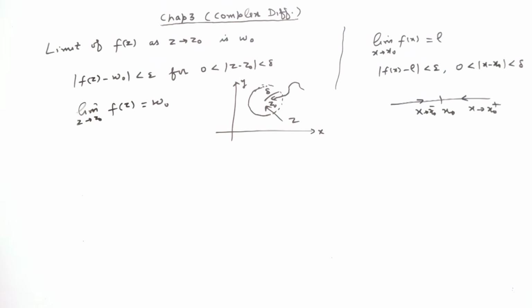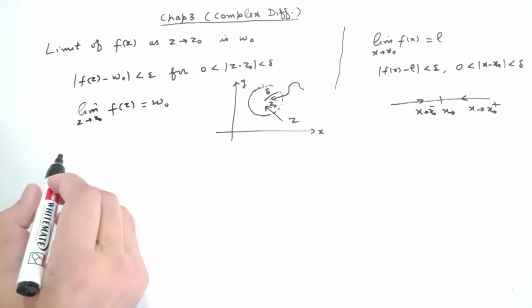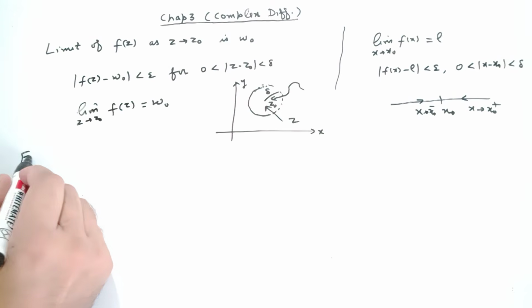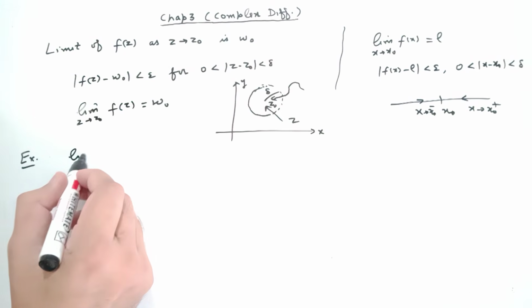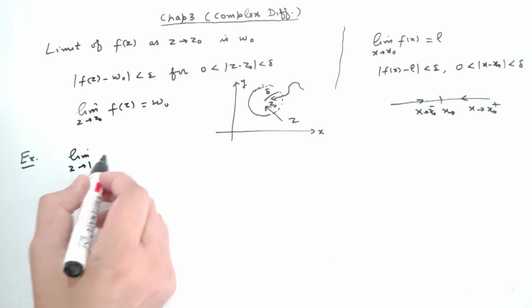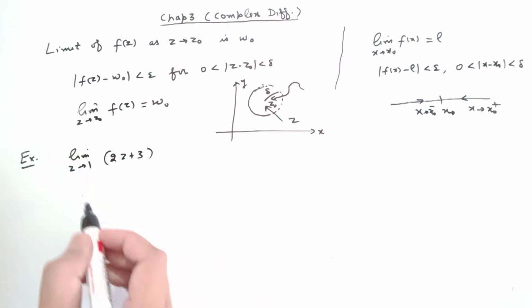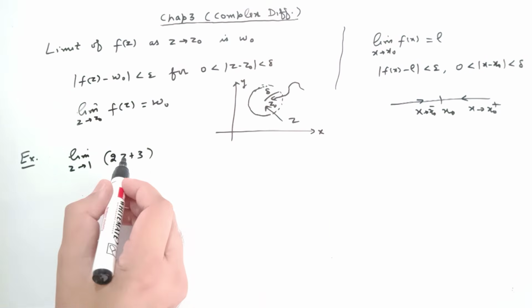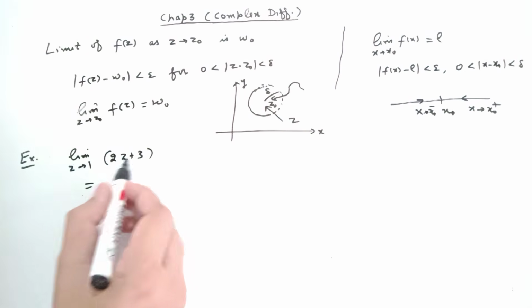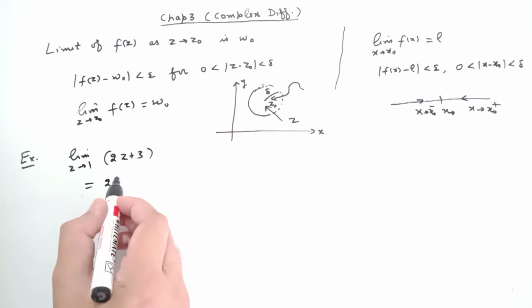Now the question is how we solve limits in case of complex. Limit z tends to 1 of 2z plus 3. We can do it by epsilon delta definition, but it's a simple polynomial. You can directly apply this limit as you do in reals.